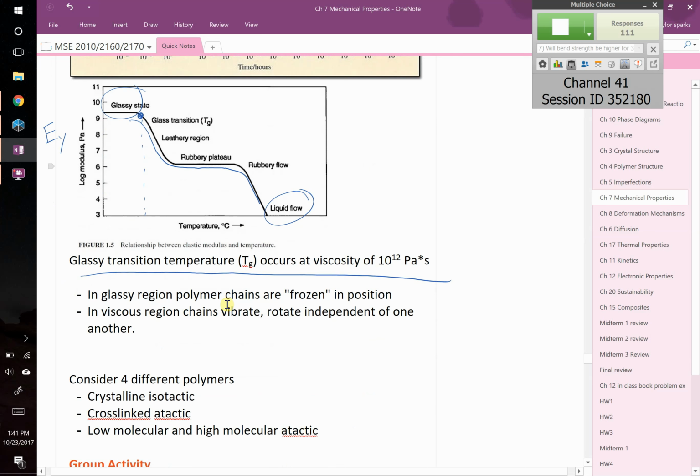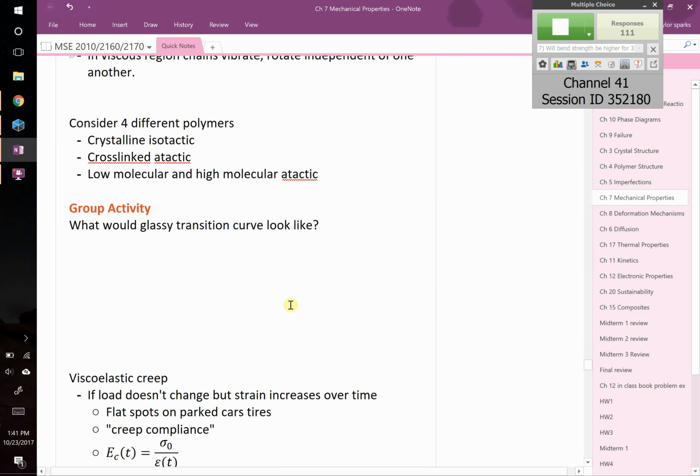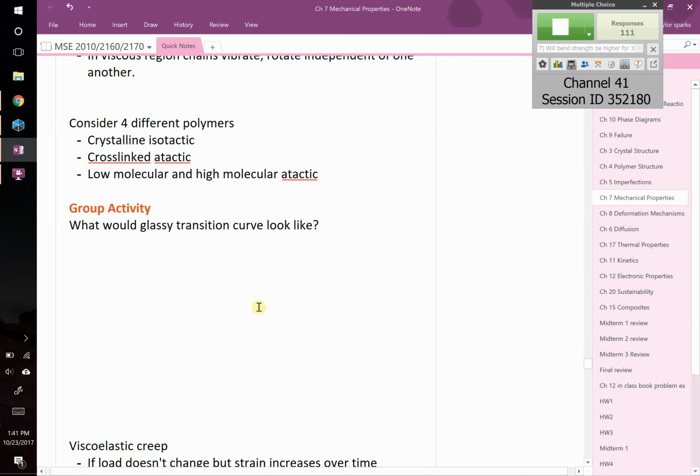So again, below the glassy transition temperature, imagine that the chains are frozen. They're not going to move past one another very easily. And above it, they're free to move in significant ways. So if you were going to sketch, let's do this real quick. Maybe this will be the last thing we do today, actually.